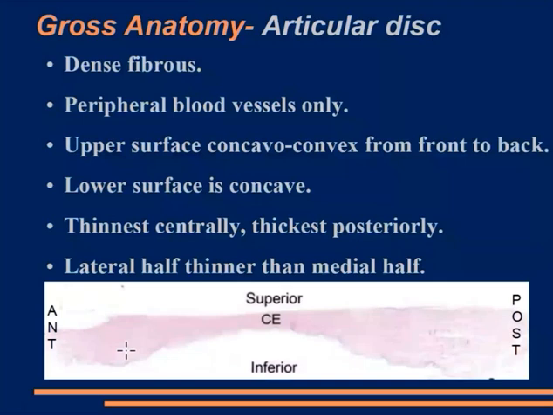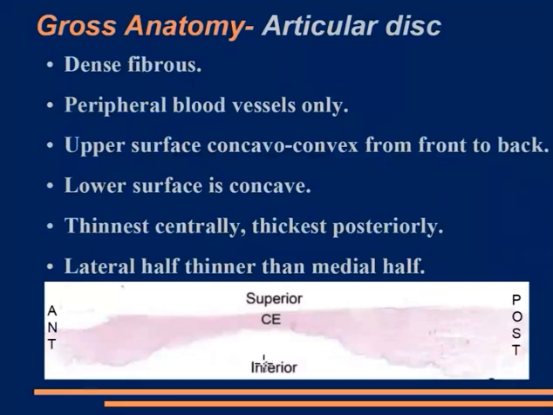The interarticular disc is a fibrous piece whose upper surface is concave or convex, matching the shape of the eminence and fossa, and the lower surface is concave to accommodate or mold the shape of the condyle.